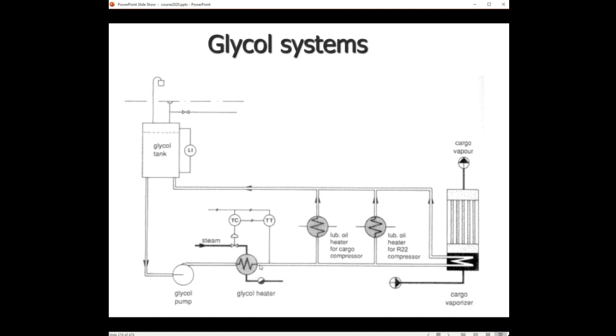This can be a heater, for example, or this can be a cooler, or this can even be a cargo vaporizer. Instead of steam, you can use this Glicol system. The Glicol is normally kept at a temperature of about 40 degrees, not more, not less. It's continuously circulating at 40 degrees.